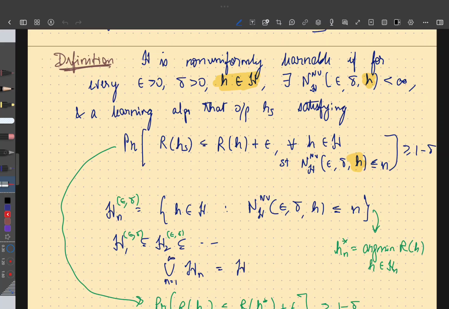So if you have a certain number of samples, then you're guaranteed that you're going to do at least as well as epsilon close to the best predictor within some subclass of the hypothesis class. And as the number of samples keeps increasing, the size of the subclass also keeps increasing. You're going to do better and better than many more predictors within your hypothesis class.